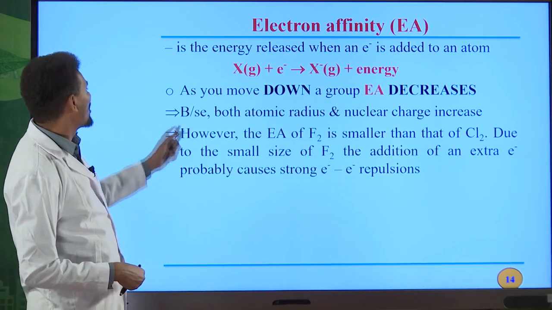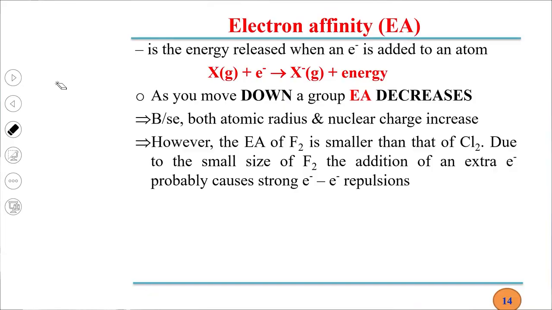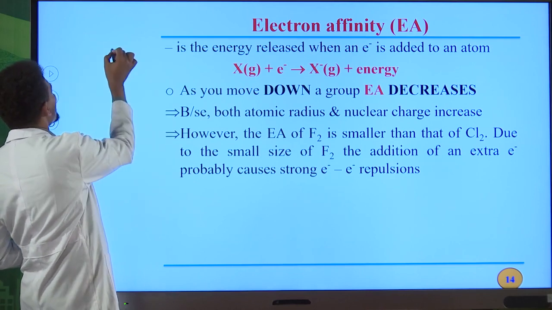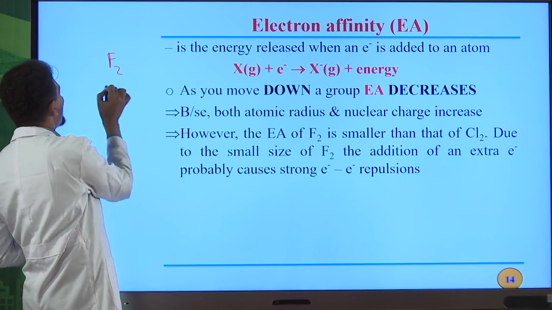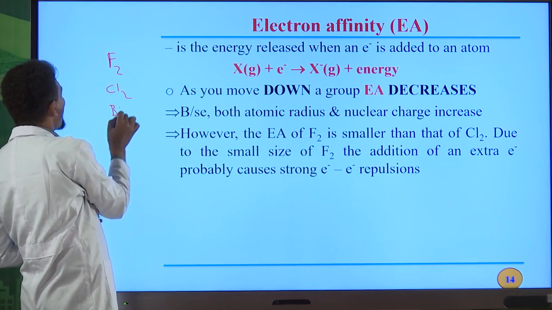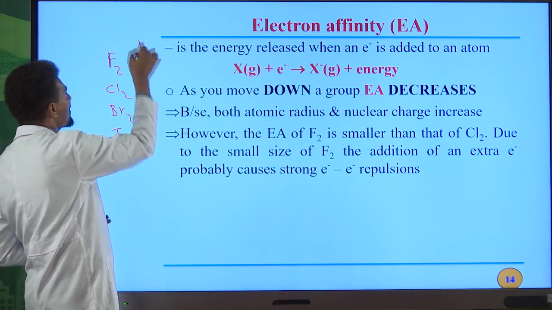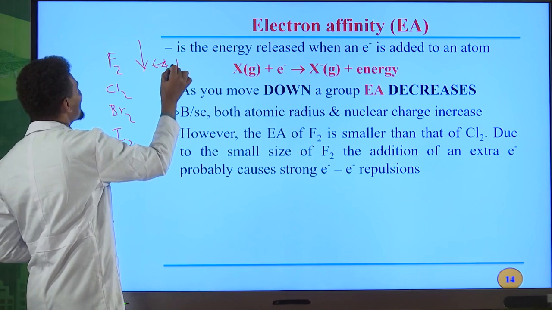What is the reason? Because the atomic radius and the nuclear charge change when we move down the group from top to bottom. But here, I want to tell you one thing. Let us compare the electron affinity for the halogen family elements: fluorine, chlorine, bromine, iodine. I told you that when we move down the group from top to bottom, electron affinity decreases.